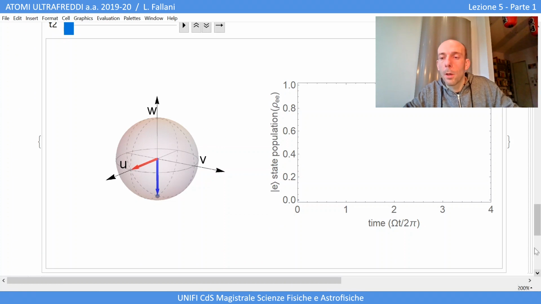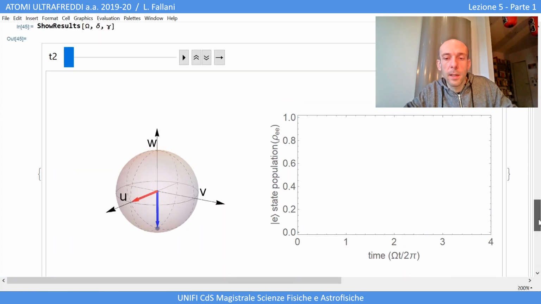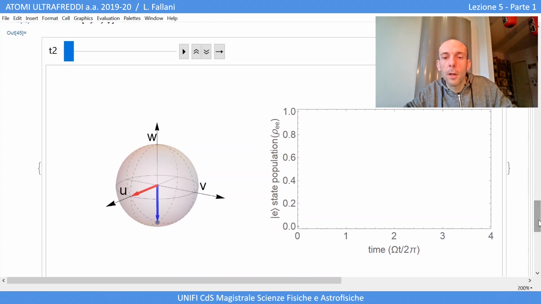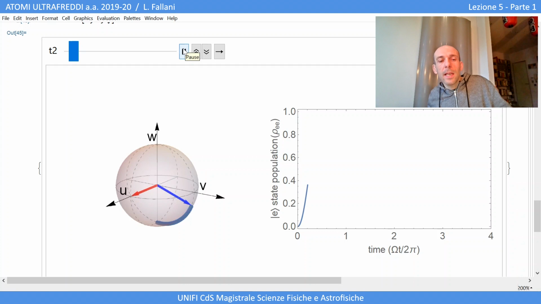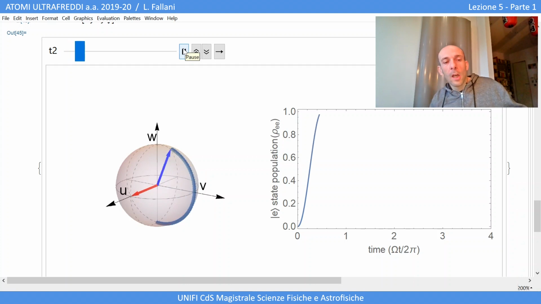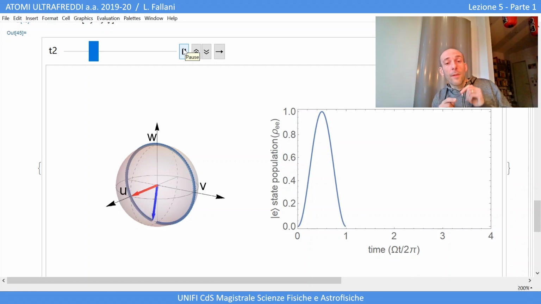At left you will see the animation on the Bloch sphere. On the right you will see the excited state population, so basically the same plots that we did in the previous part. Let me play it. What you see here is basically the same Rabi flopping dynamics, where we are plotting the population of the excited state.